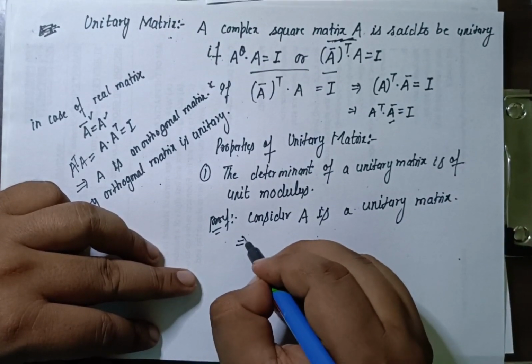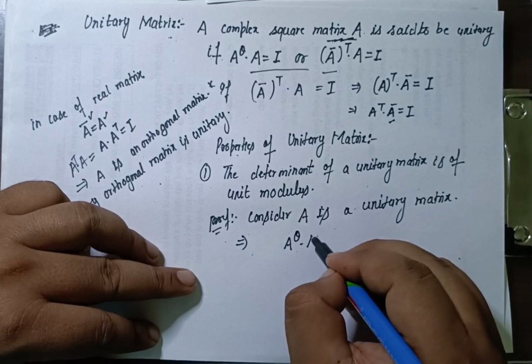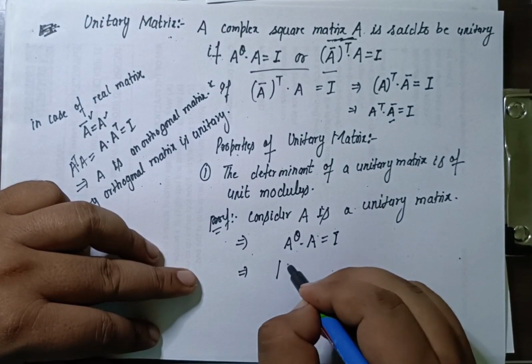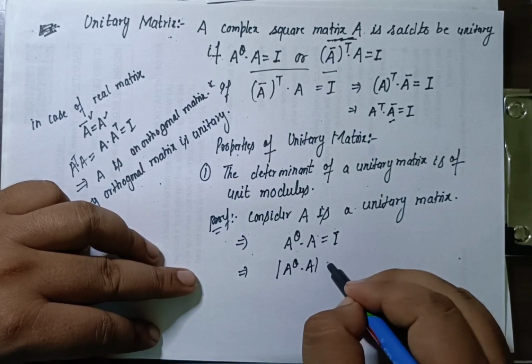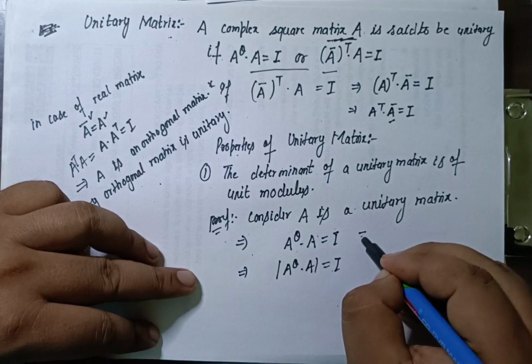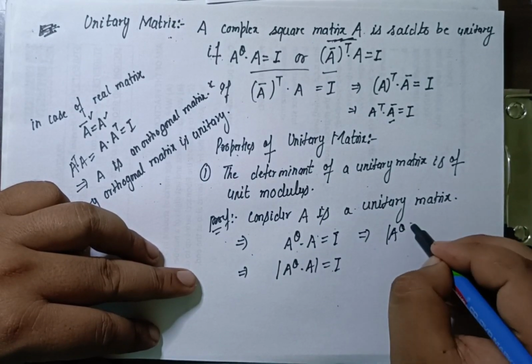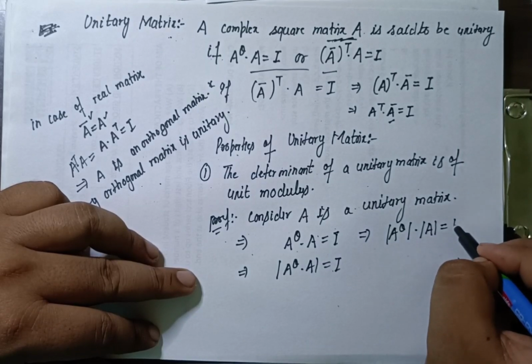So if A is the unitary matrix, then A conjugate transpose into A will be equal to identity. Now take the determinant of both the sides. By this you can find the determinant of A conjugate transpose into A is equal to 1.